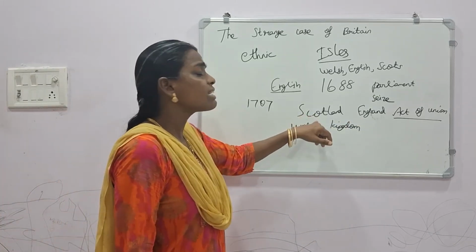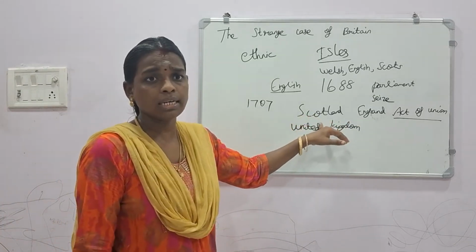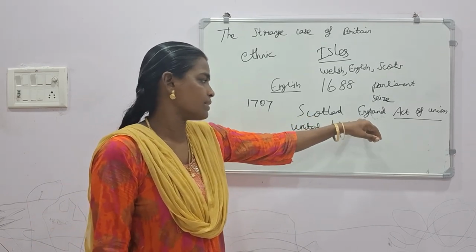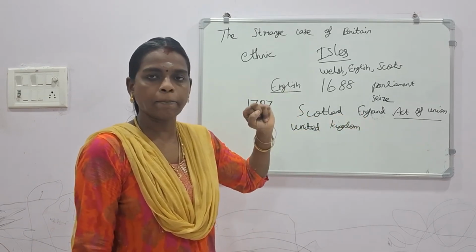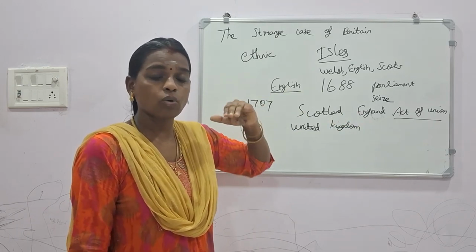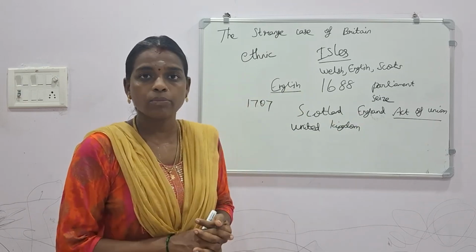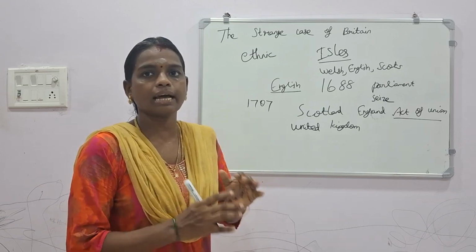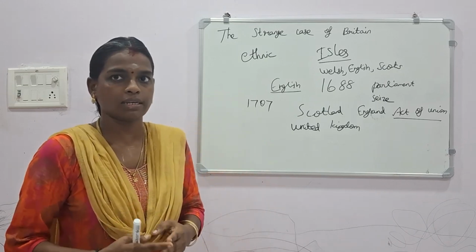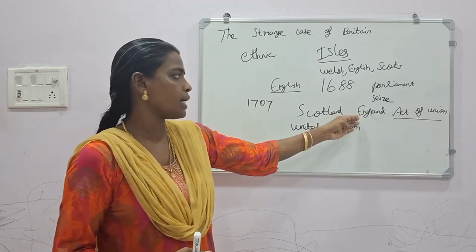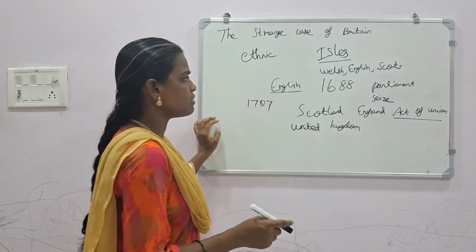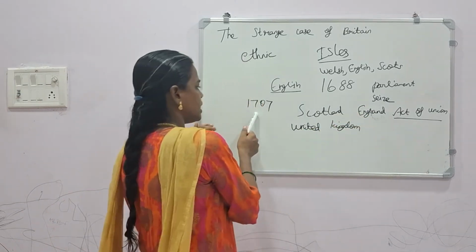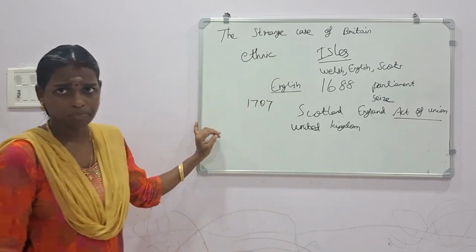Here, Scotland agreed that they were under the control of England. They did not ask for independence. They wanted to collaborate with the English government, and they agreed that hereafter they should be under the control of Britain. That is the important provision of the Act of Union passed in 1707.